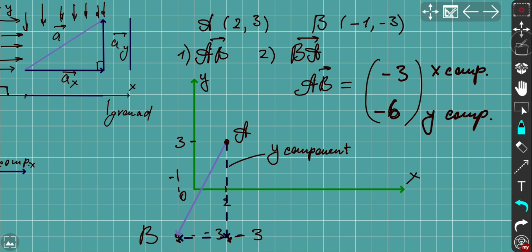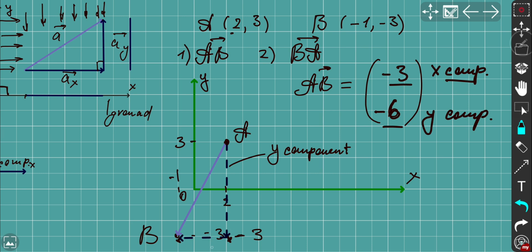So actually, if you work out those values in this way that I showed you, you understand that in order to find the x component, if you're given 2 points A and B, what do you actually need to do?